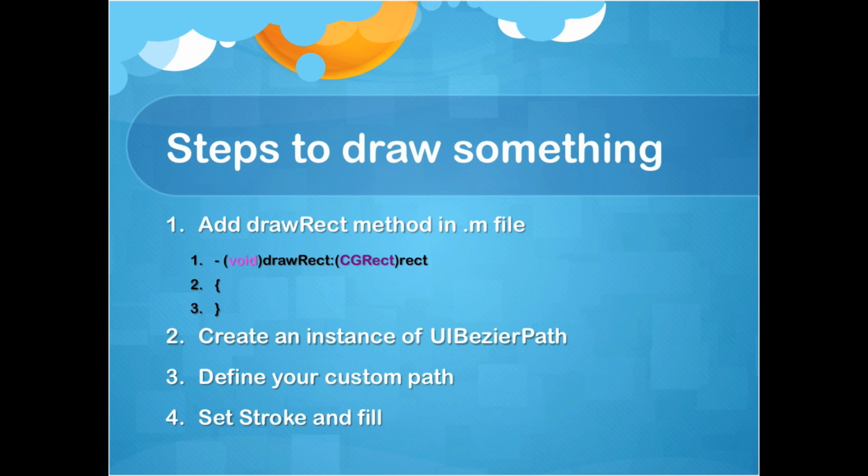If we want to trigger it, we should use other things, not drawRect. It will be called automatically by the system. Then we have to create an instance of UIBezierPath, and then we define our path, and then we set stroke and fill. It will make sense when we go back to the slides and go step by step.